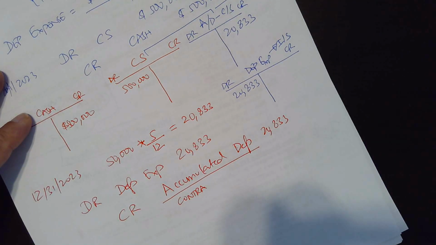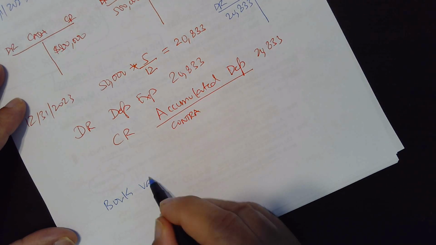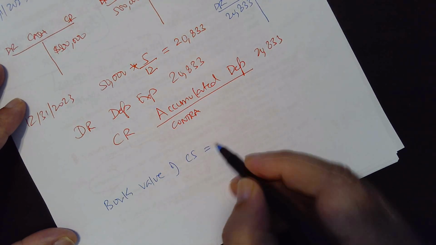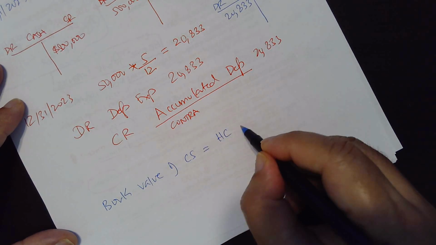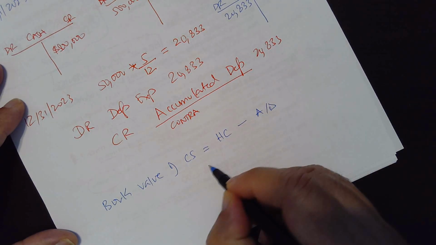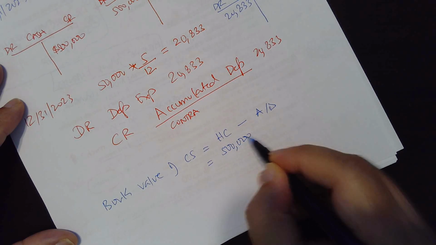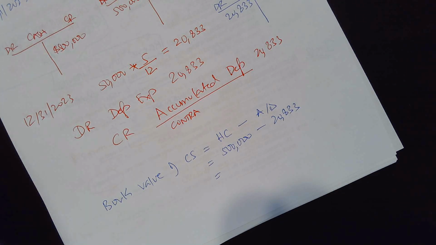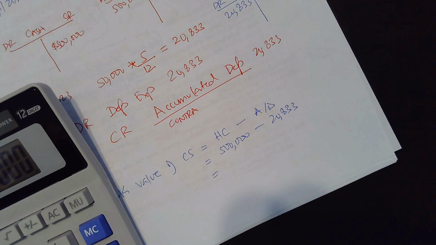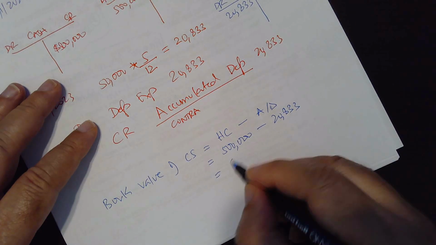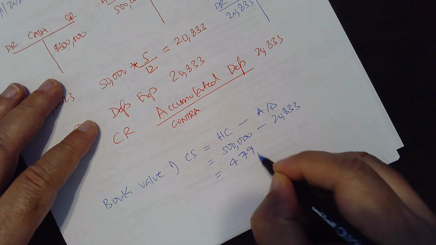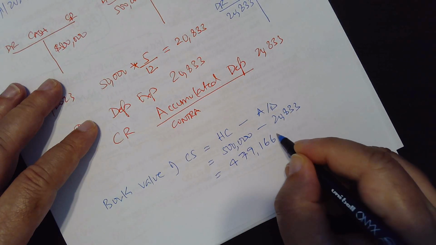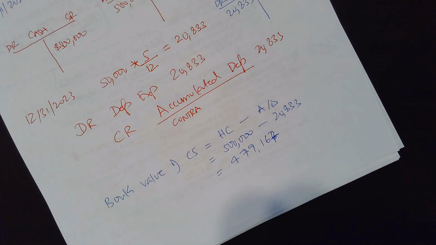So the book value of the computer system is equal to historical cost minus accumulated depreciation. The historical cost is $500,000 minus 20,833. So the book value is $479,167, for example. All right.